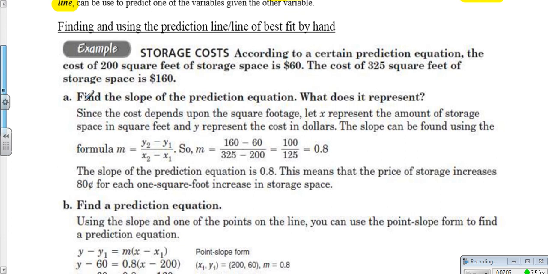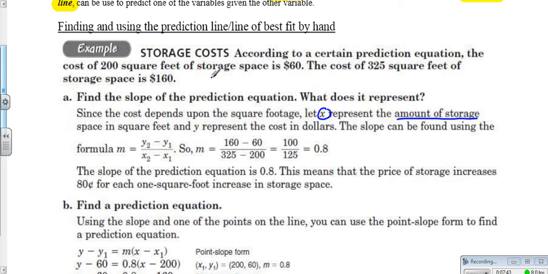Alright, so how do you do that? Well, let's look at this. We have an example here that says according to a certain prediction equation, the cost of 200 square feet of storage space is $60. The cost of 325 square feet of storage space is $160. We have 2 coordinates here. So if we take that information and interpret it like we did at the beginning of the semester, since cost depends upon square footage, let x represent the amount of storage.